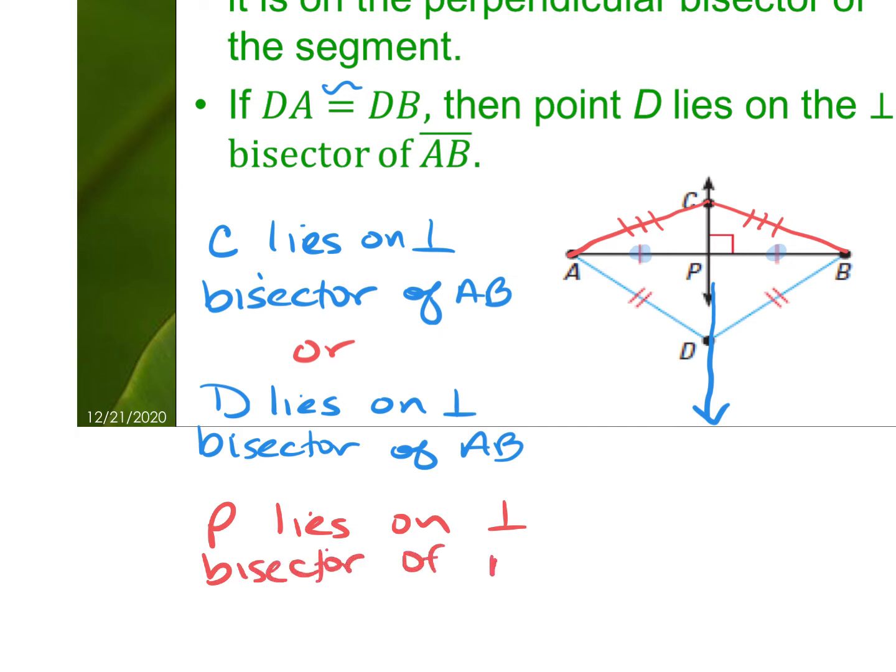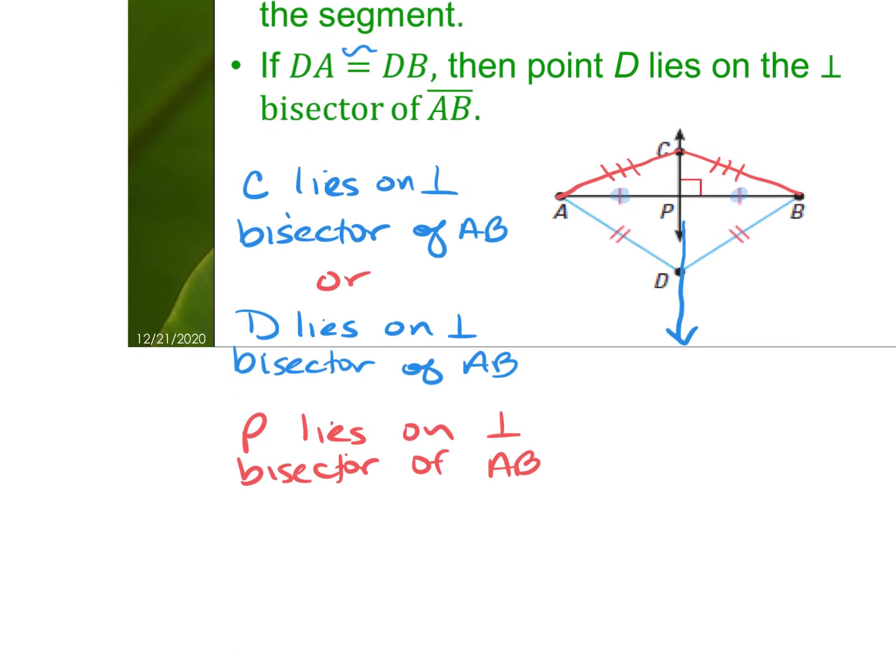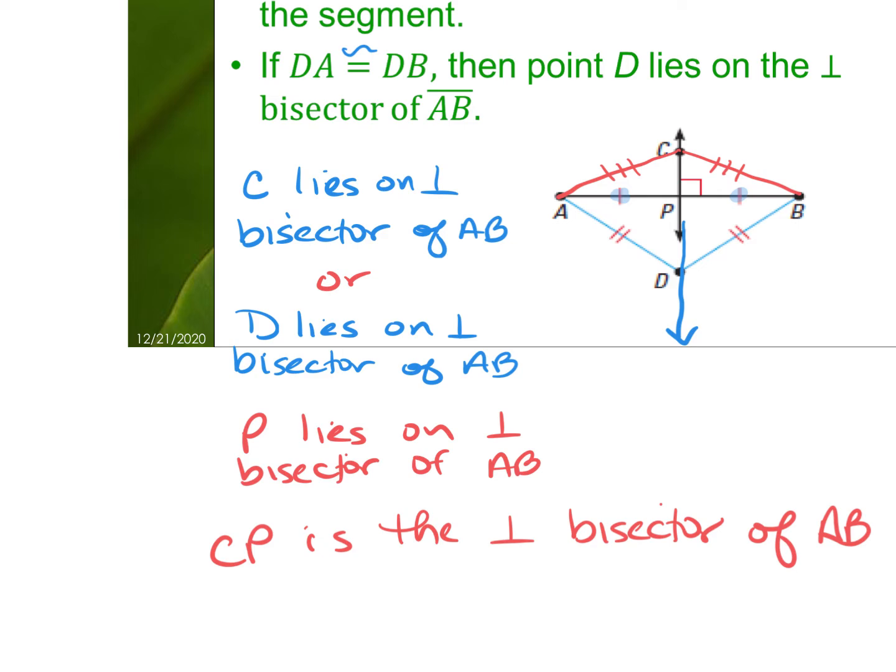So all of the points listed there are on that perpendicular bisector, because they are all equidistant from the endpoints. And then another statement I could make is that CP, or even CD, is the perpendicular bisector of AB, because it's got the right angle and it's got the congruency marks.